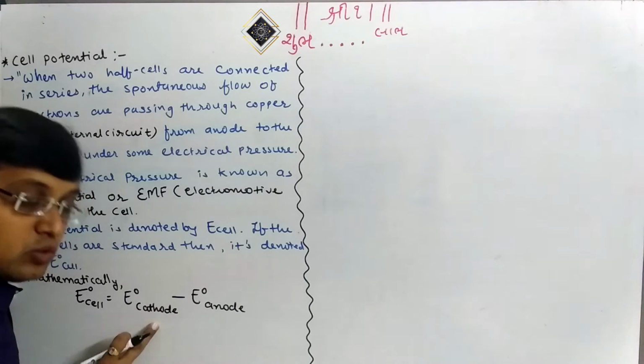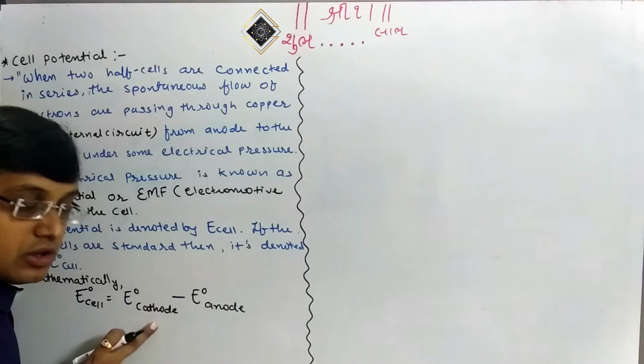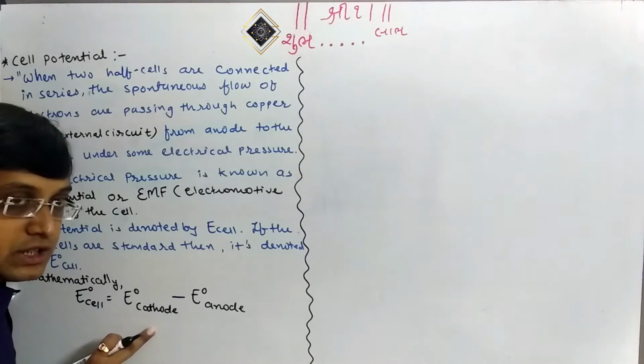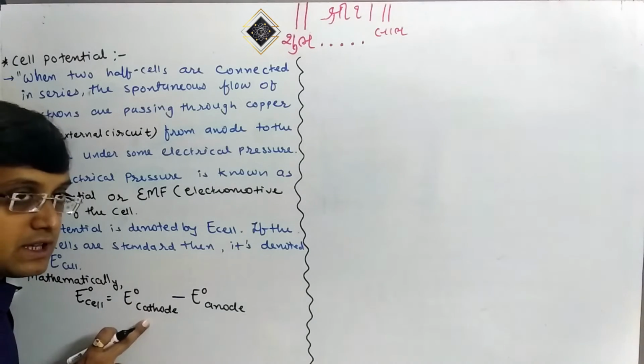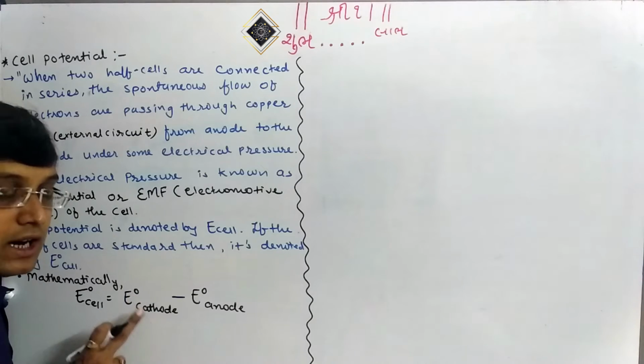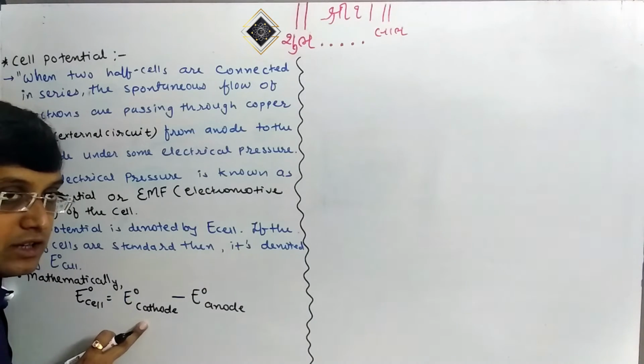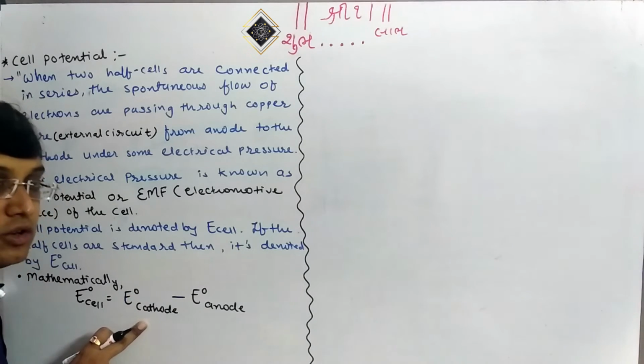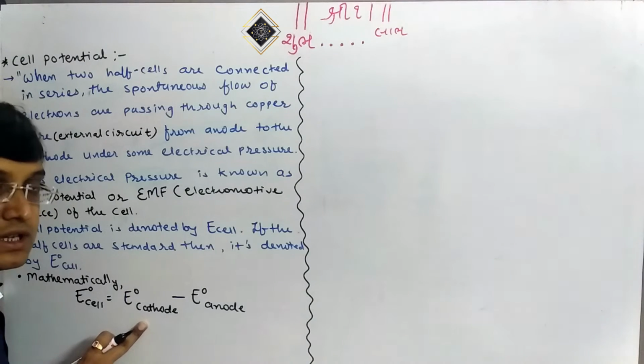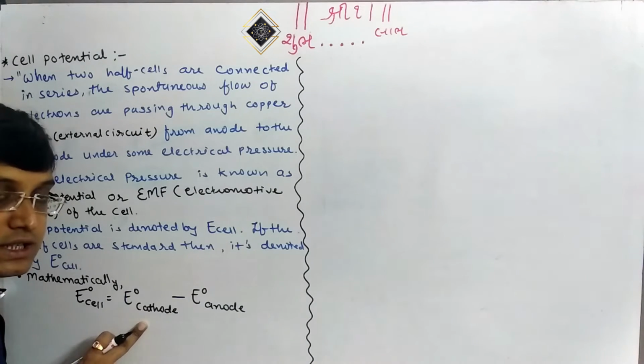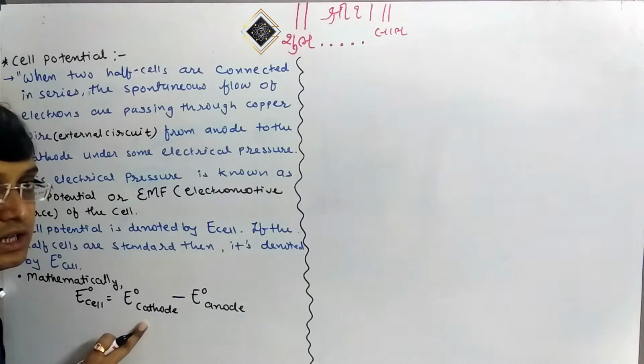Once again, why is it cathode? Because the cathode experiences reduction, that means the half cell which works as cathode has a higher tendency to gain electrons. Why are we accepting reduction here? Because according to present IUPAC conventions, half cell reactions are denoted in the form of reduction.